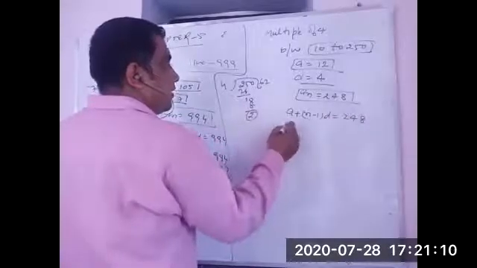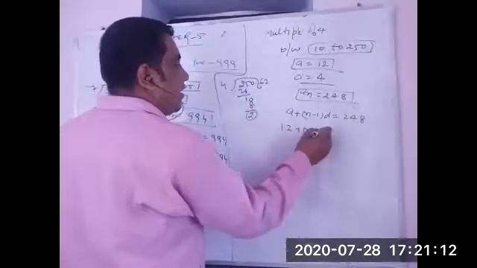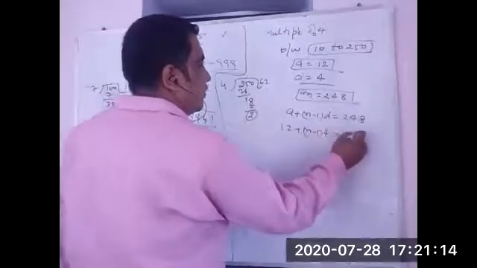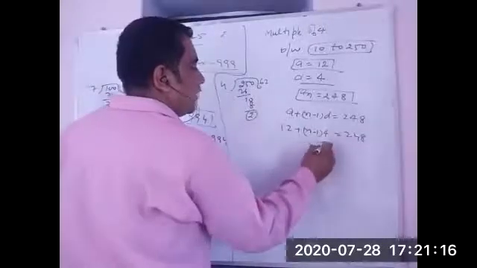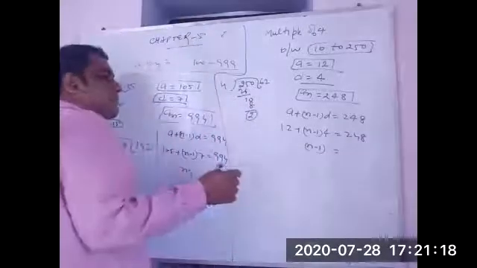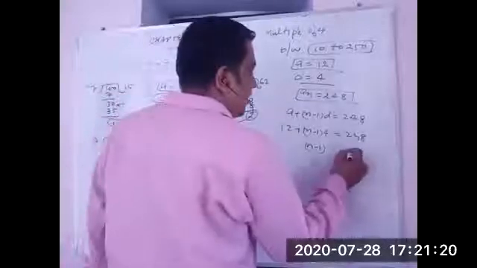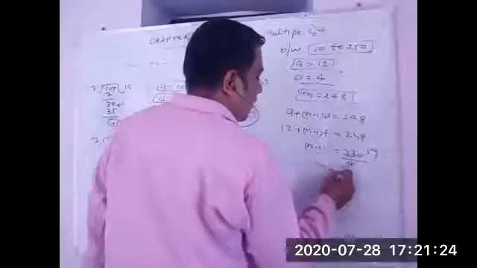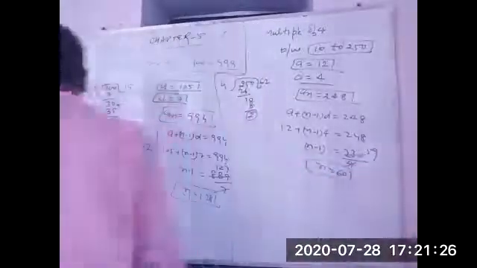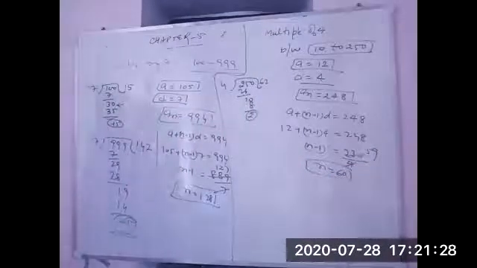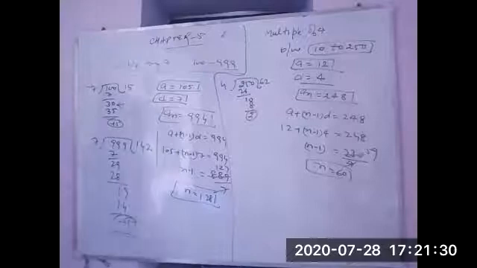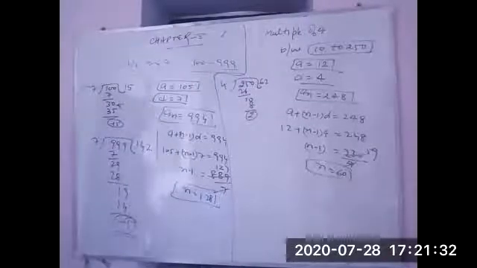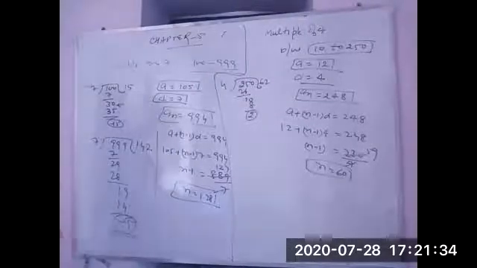The value of A is 12 and D is 4. 12 will be subtracted from 248, how much is left? 236. Divide by 4. So there are a total of 60 numbers between 10 and 250. Okay, now it will be easy for you. Question number 12 and 13.